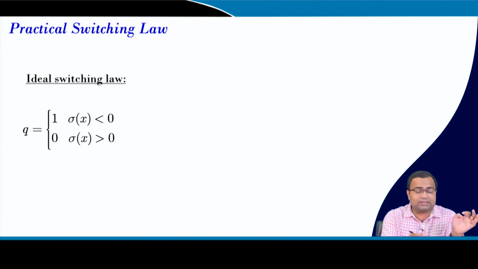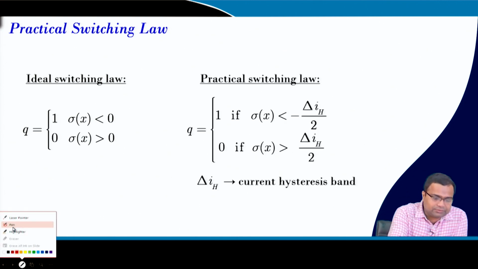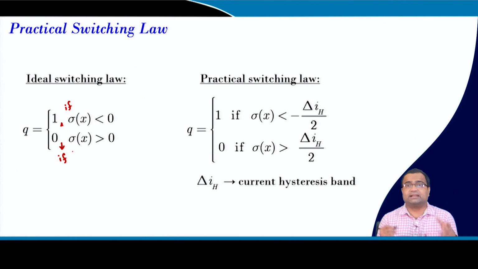We saw the ideal switching law: q equal to 1 if sigma x is less than 0, and q equal to 0 if sigma x is greater than 0.